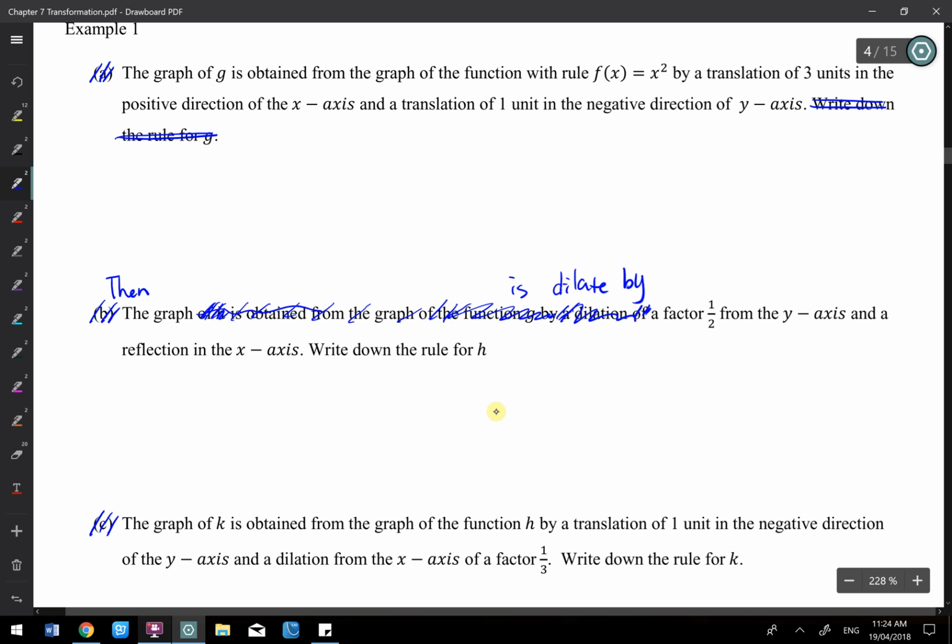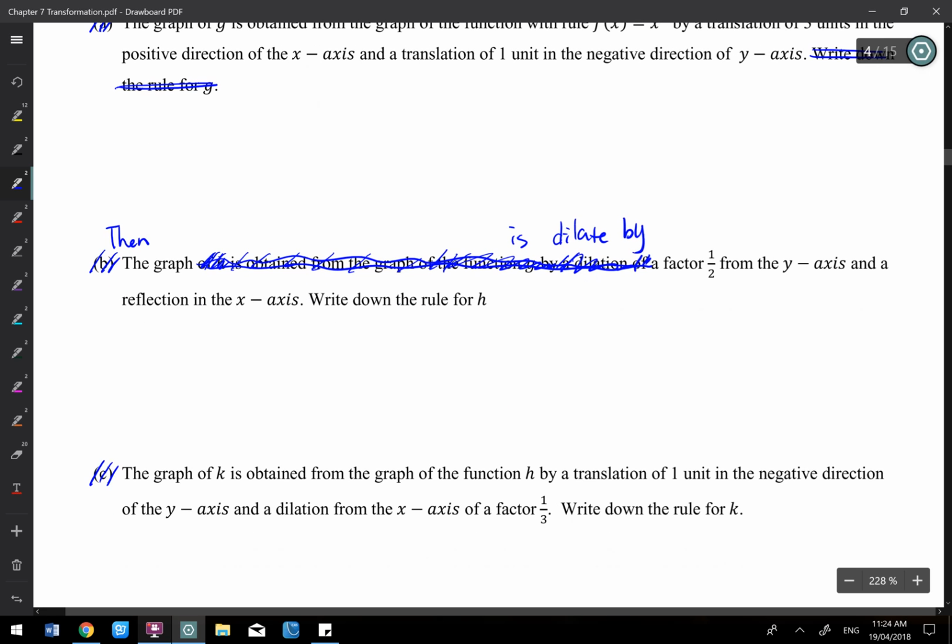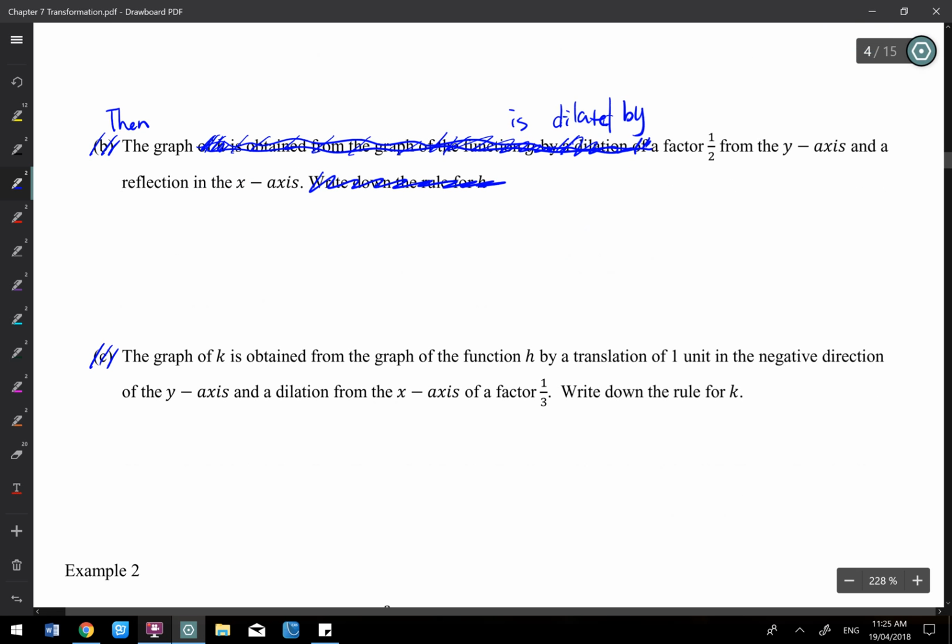Okay, so just keep going with the transformation. I don't want the result. Then the graph is dilated by a factor of a half from the y-axis and then a reflection in the x-axis. I don't want the last sentence, so I don't need the rule.